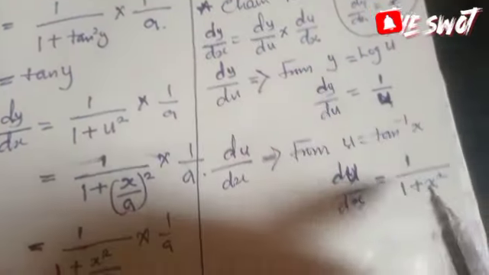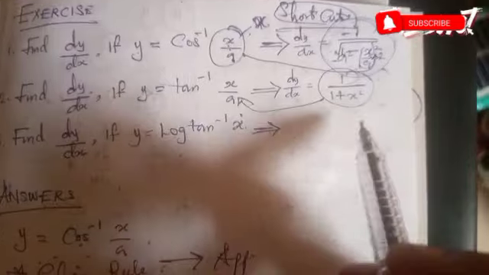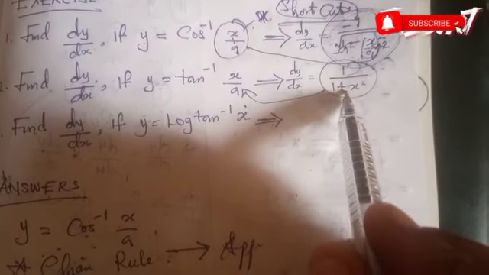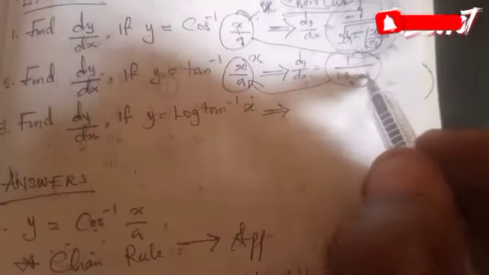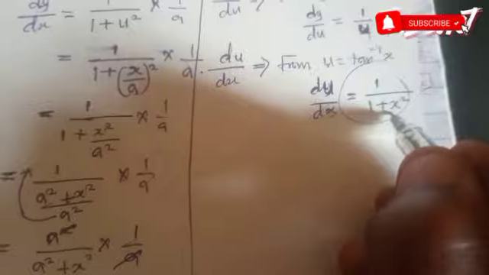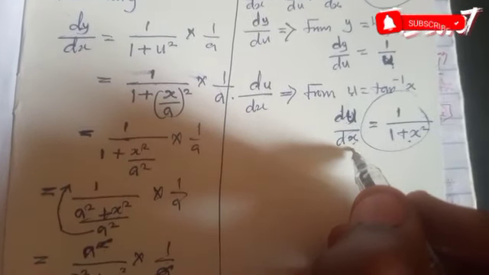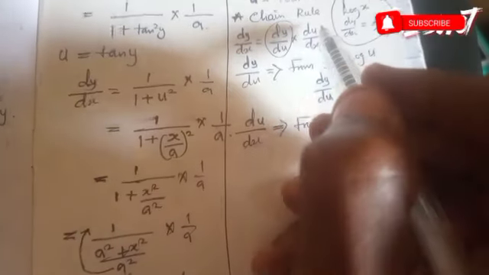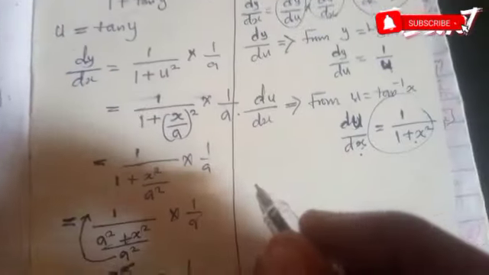I gave you the shortcut that time. I gave it in this part here. So what we'll do now is multiply them together.